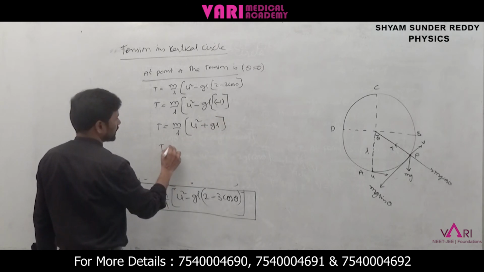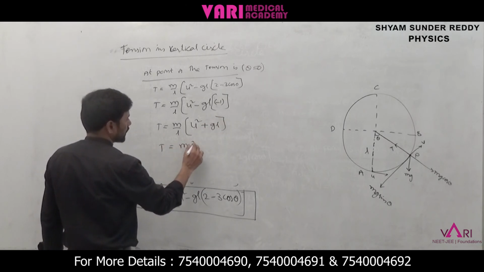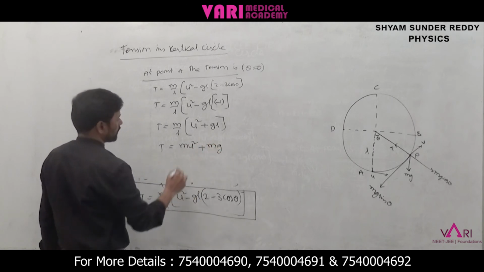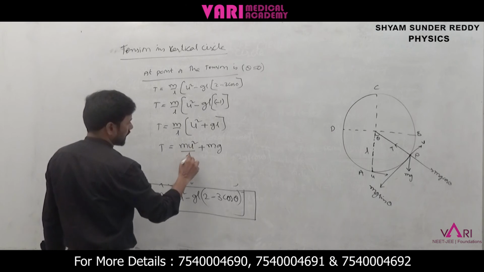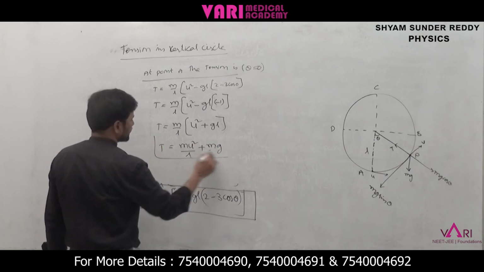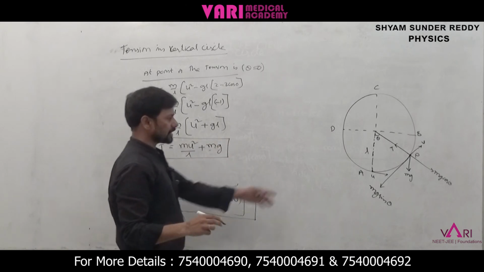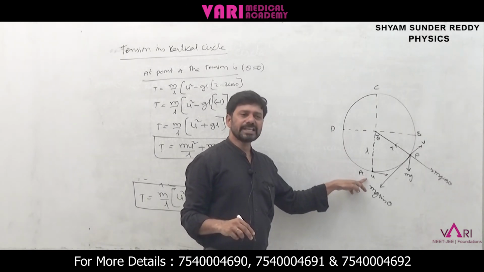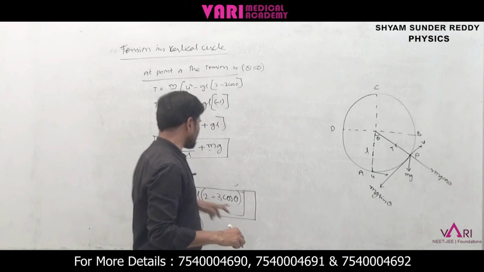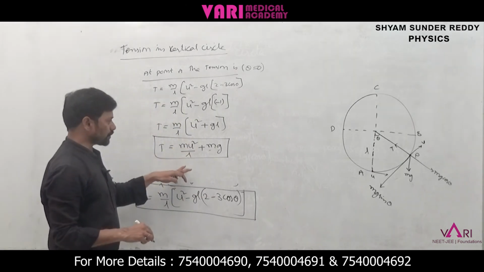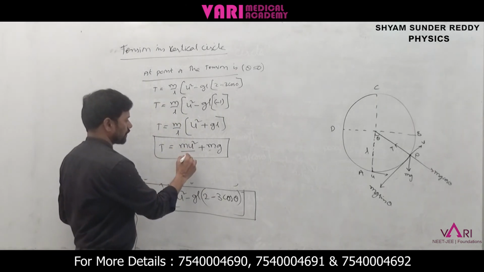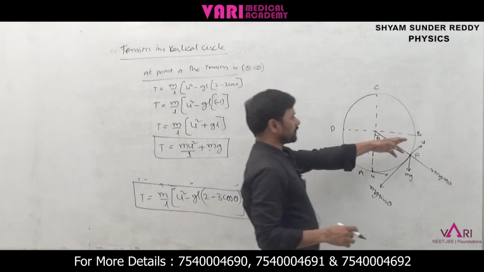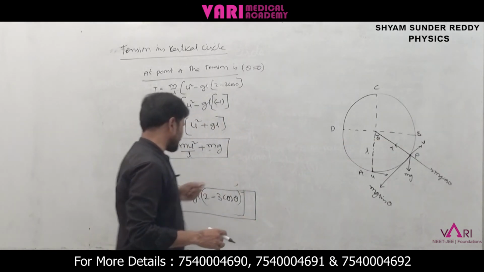It's nothing but T is equal to mu square by L plus mg. This is the tension at point A, the lowest point: T is equal to mu square by L plus mg.